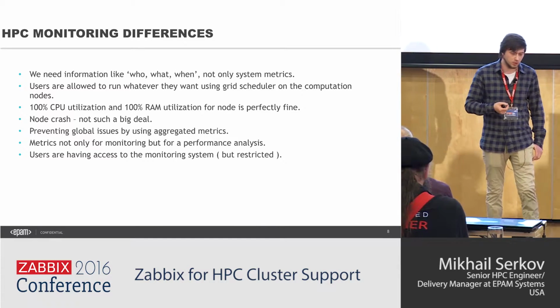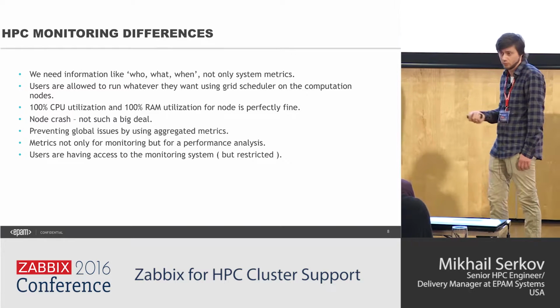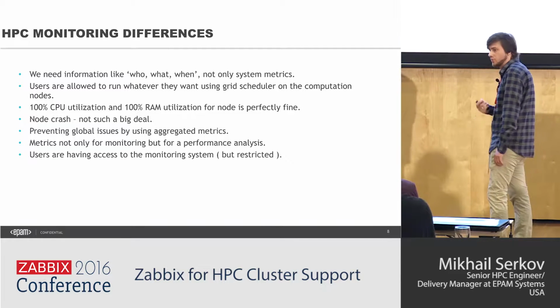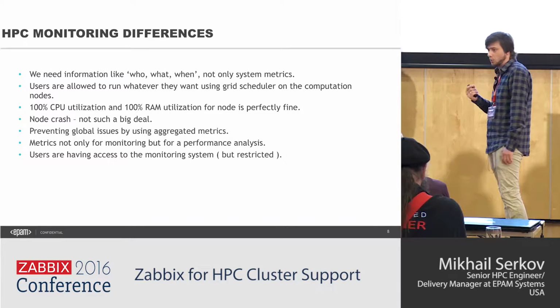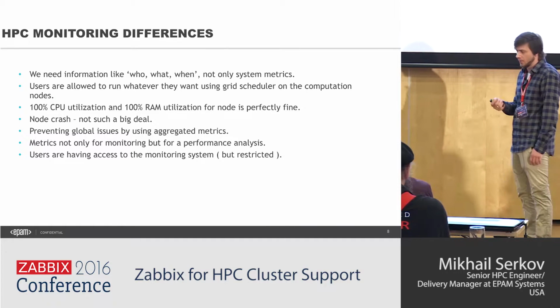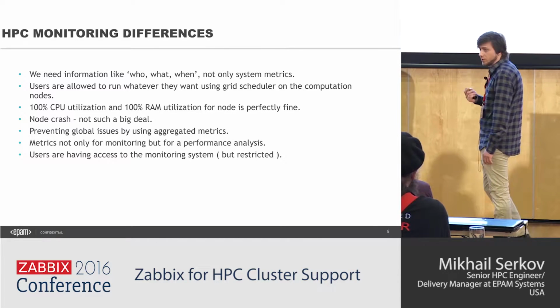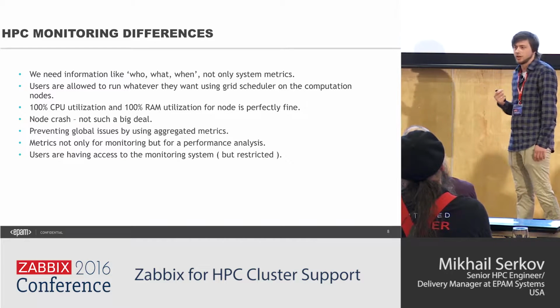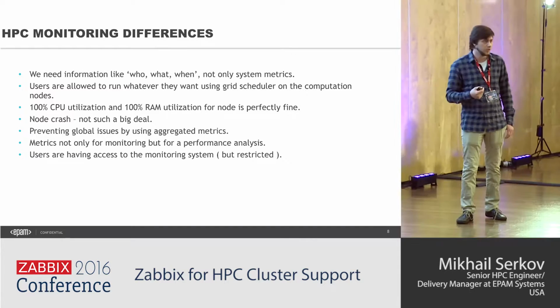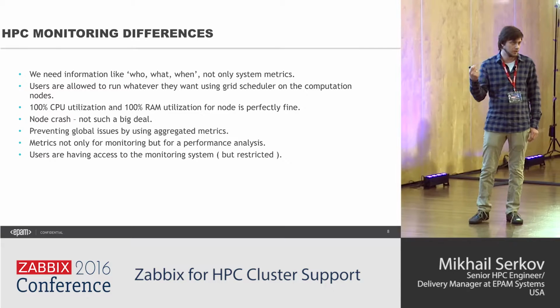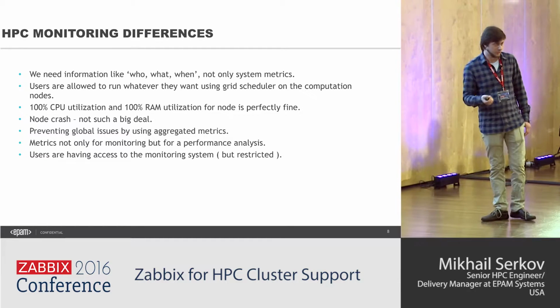Metrics we use not only for understanding if we have a problem, but also for performance analysis. One of our goals is actually performance. So we not only keep the cluster up and running, but we help the business make their research faster.